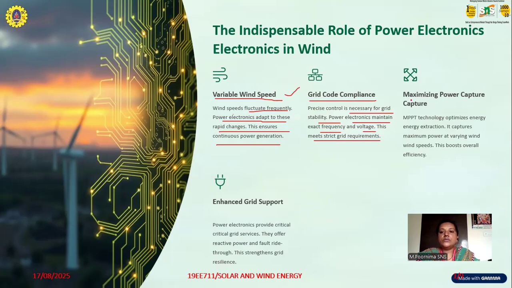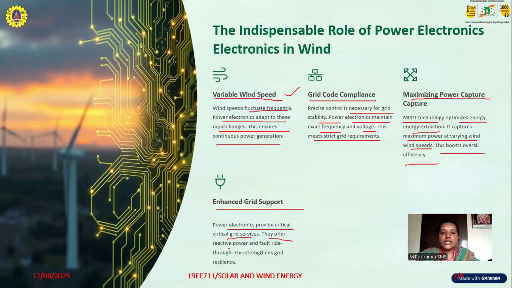Next one is maximum power capture technologies, that is MPPT, which optimizes energy extraction. It captures the maximum power at variable wind speed. This boosts the overall efficiency. And finally, next one is enhanced grid support. Power electronics provide critical grid services.